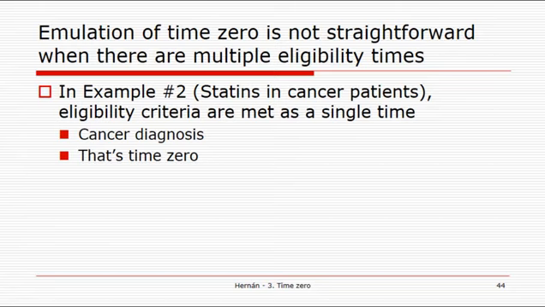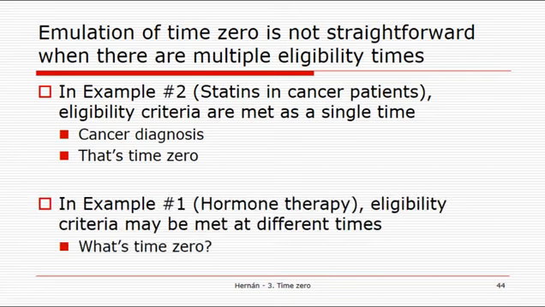And for any of us, there's only one time in our lifetime where that is going to happen. So time 0 could only be that time. But in the case of hormone therapy, for example, all the eligibility criteria could be met by a woman at age 55, or 56, or 57, or 58, or 59, so the same woman could meet the eligibility criteria at multiple times.